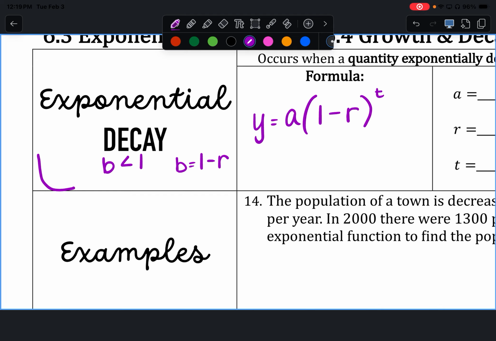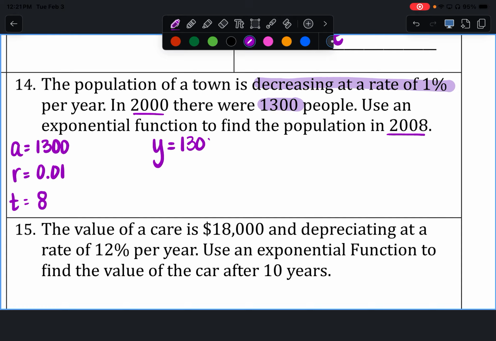So y is equal to 1,300 times 1 minus 0.01 to the power of 8. The exact same setup, we just change it from plus to minus when we go to decay. And so what is y going to be? But what are we talking about here? People. So what does the actual answer need to be? 1,200 people.